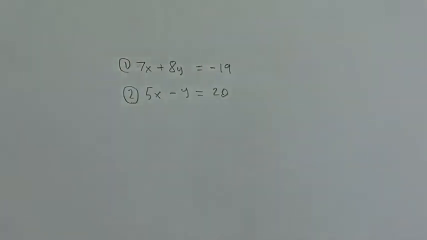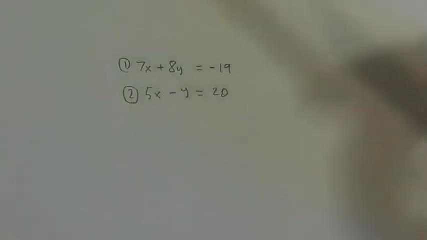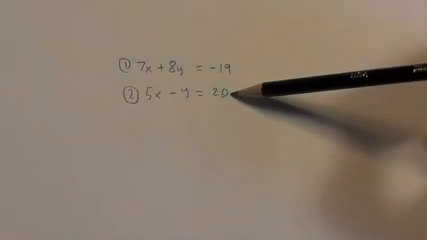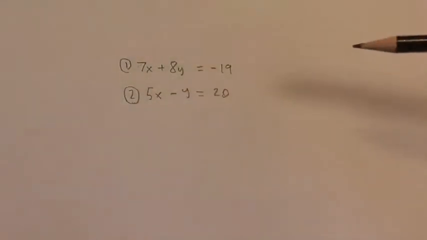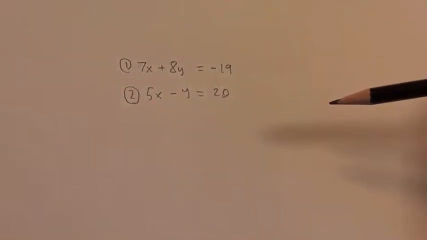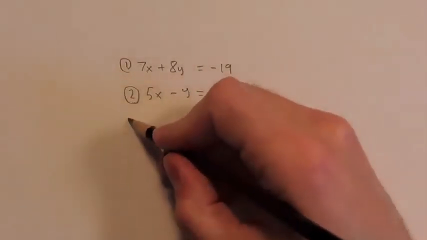In general, I look at both equations and see which one might be the nicest to solve for. My eye naturally goes to equation 2, and solving for y would probably be the easiest thing to do.